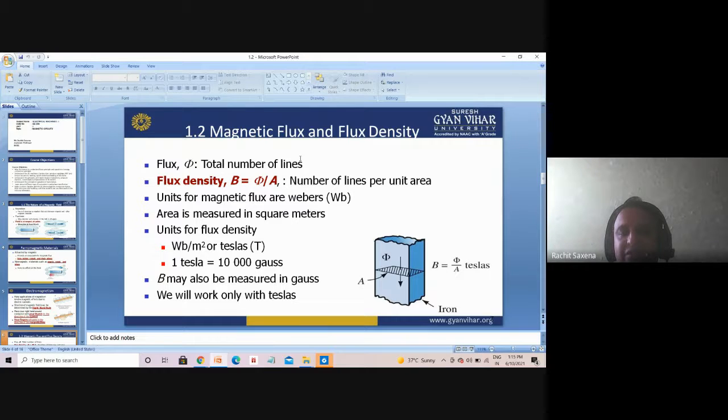So we need a coupling circuit, and that coupling circuit is basically a magnetic circuit. Understand? This magnetic circuit is represented here, that we have a circuit, and in this circuit we basically have the area and flux, and these are the lines. So flux lines per unit area is flux density.